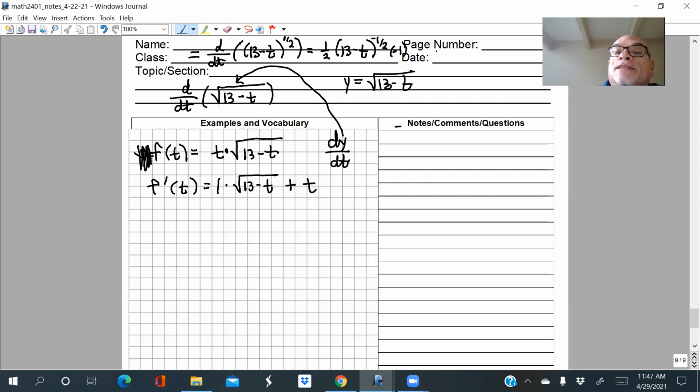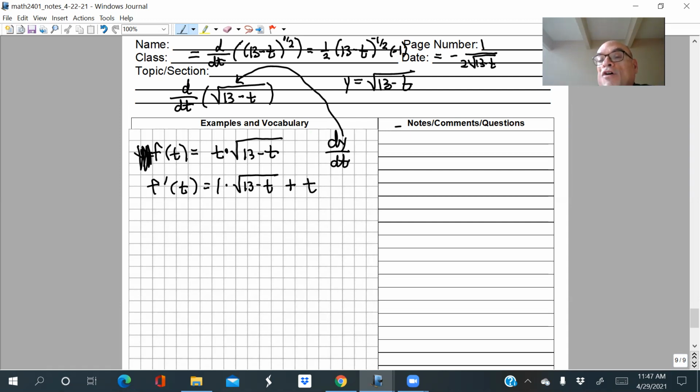Let's see, what does all that simplify to? Well, if you convert the minus 1/2 back to a radical, that's a negative exponent, so it's going to go into the denominator, right? So you end up with minus 1 over 2 times the square root of 13 minus t. So that's the derivative of square root of 13 minus t.